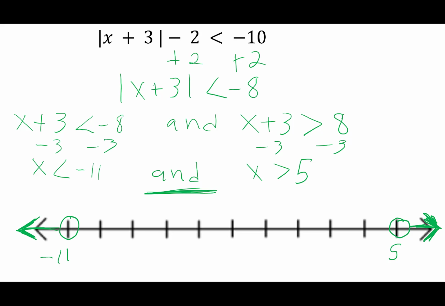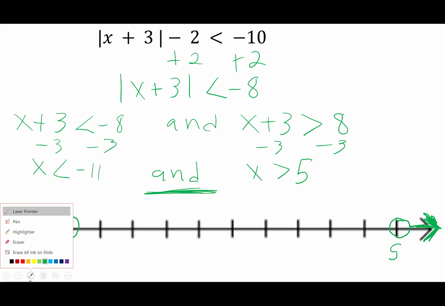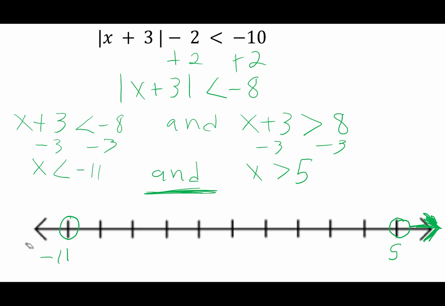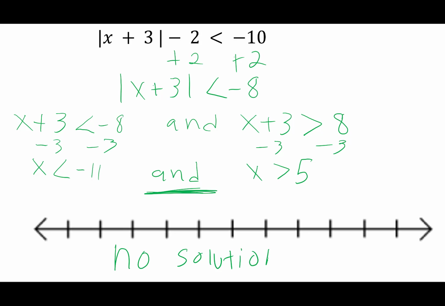Well, no. If I plug in something that's true for this one, x less than negative 11, it's not going to be true for x greater than 5. So this is what we call no solution. Okay, and we're going to kind of look at what these look like in a couple more again.